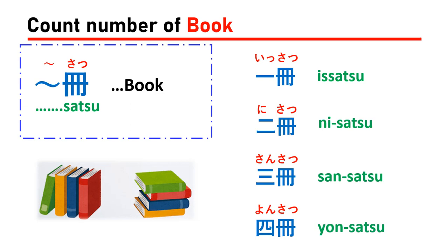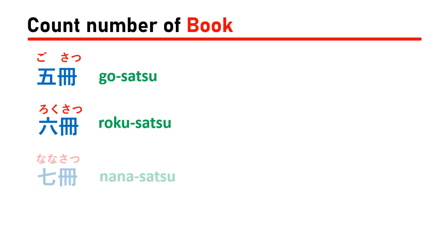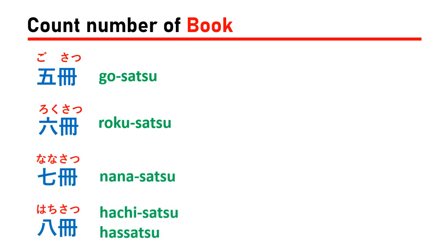And from now we are going to learn how to count by using satsu. Gosatsu, rokusatsu, nanasatsu, hachisatsu. Or you can say hassatsu, which has the same meaning and uses the same kanji.